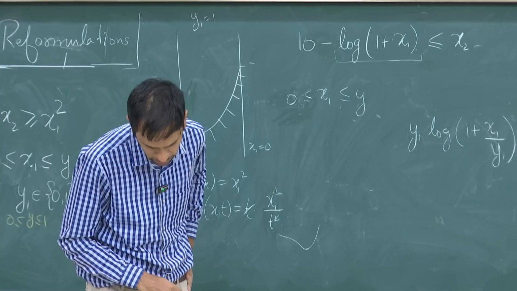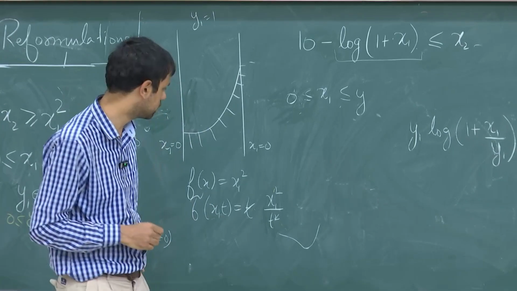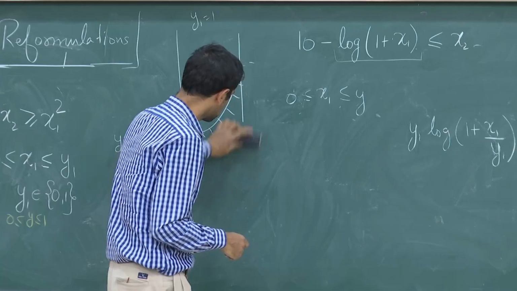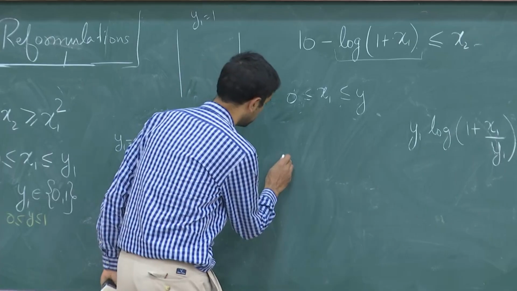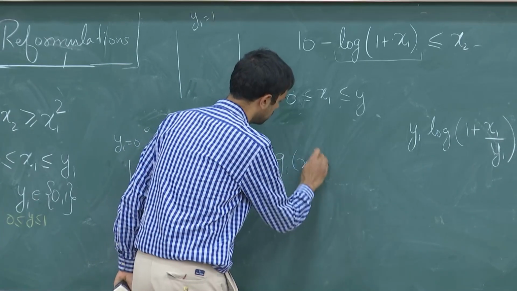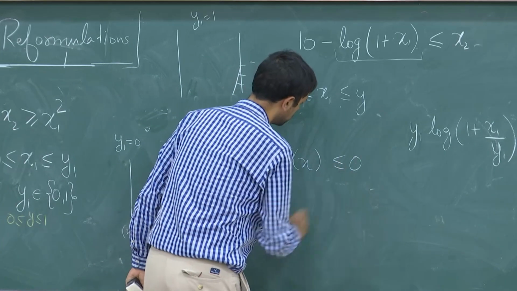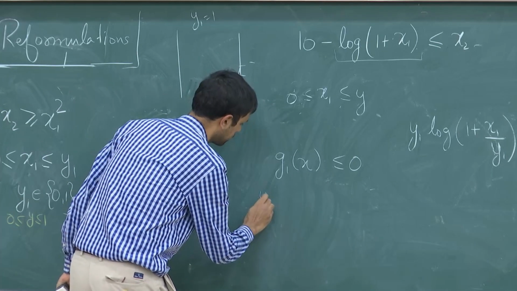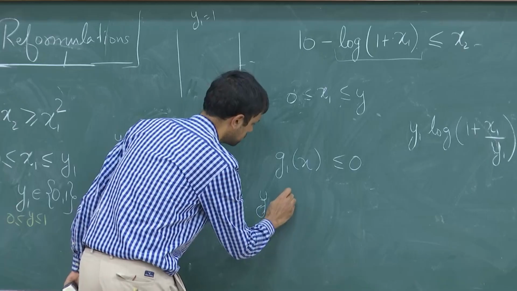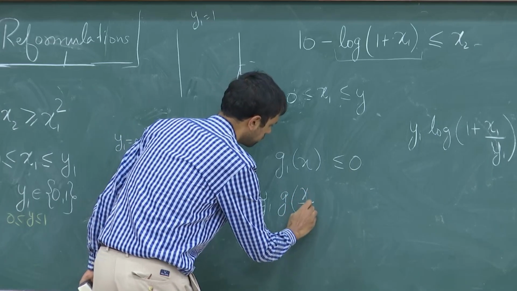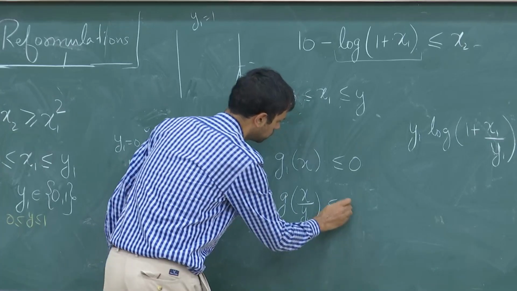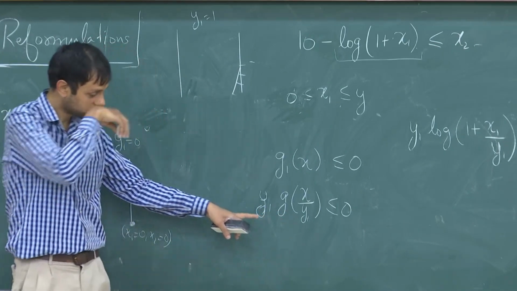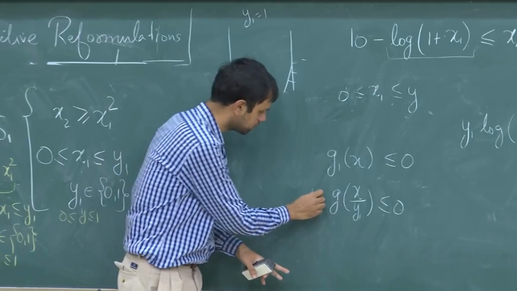So one such formula is this. If we have g1(x) less than or equal to 0, I don't want to apply this transformation that y1 times g1(x by y1) is less than or equal to 0, and I am not able to cross multiply this because it is not a polynomial or some other simple function.